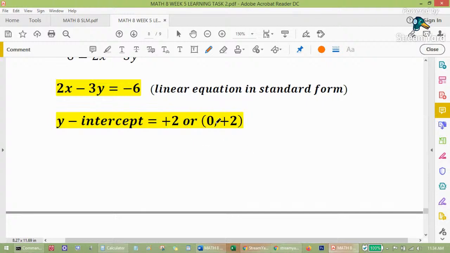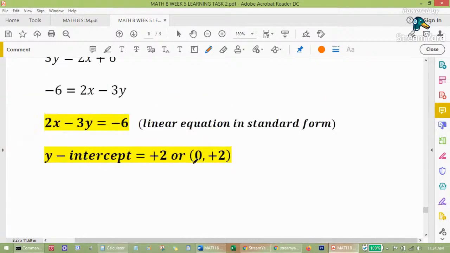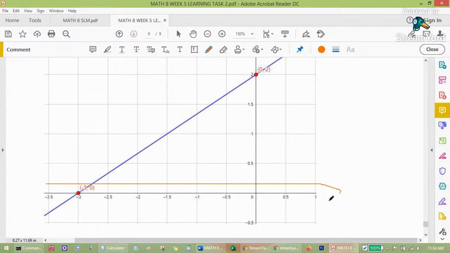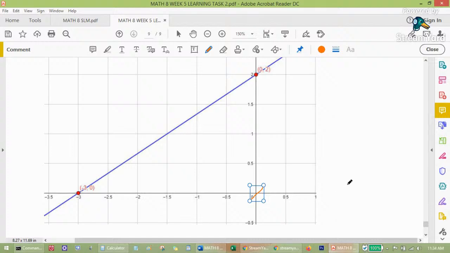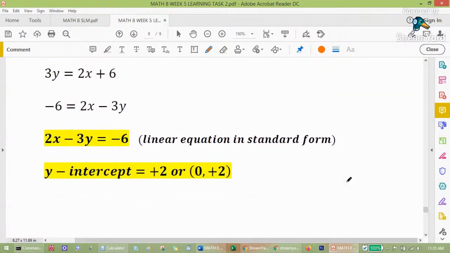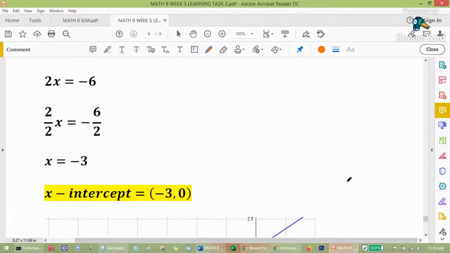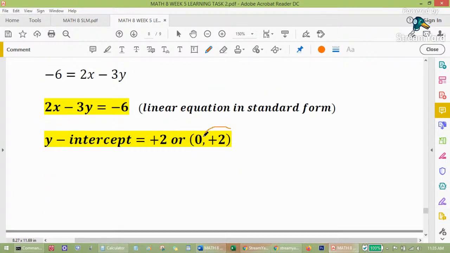X is 0. And y is positive 2. So, ito yung x-axis natin ulit. And then, y is positive 2.